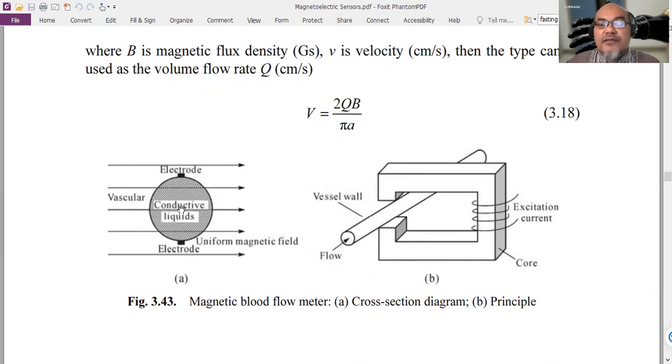We can put two electrodes, then the uniform magnetic field flows through that conductive fluid. Here is the cross-section diagram, and the principle is shown here. This is the flow of blood inside the blood vessel, and you put a core here to induce the parallel uniform magnetic field.